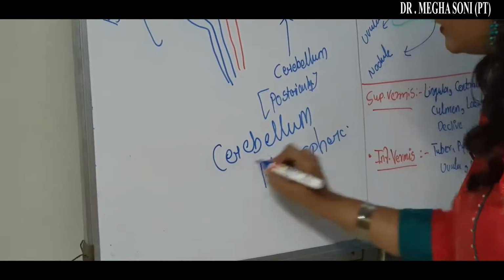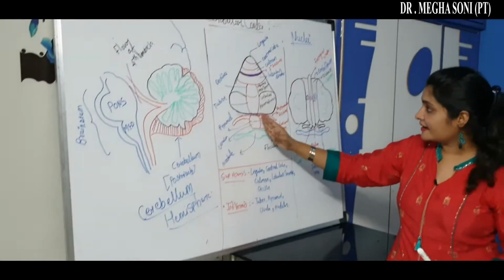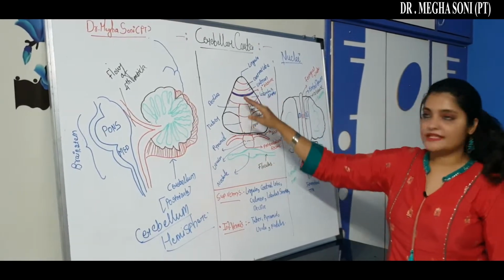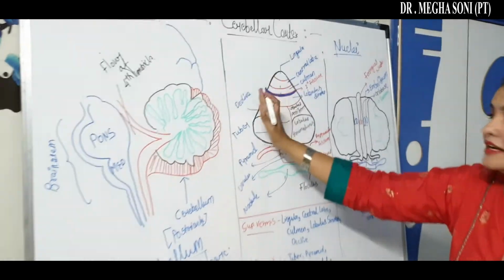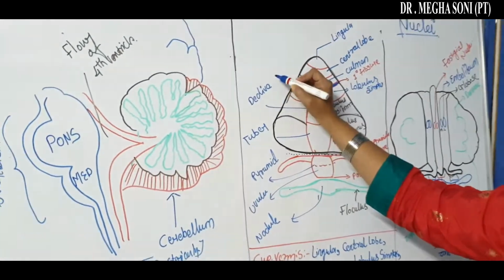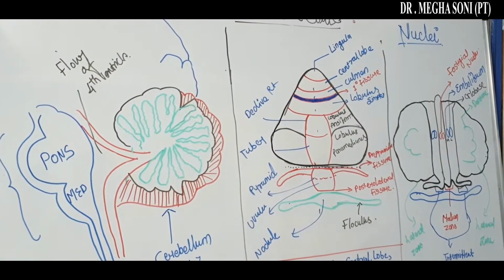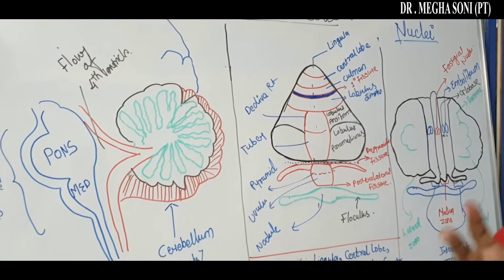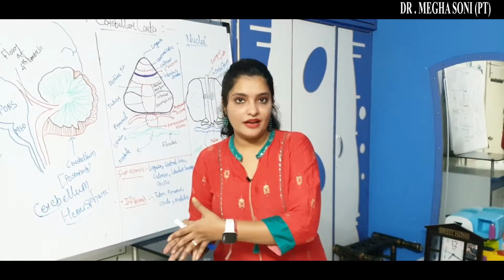Fine. Cerebellum hemisphere. So this cerebellum, you can see in this diagram, this is the structure of the cerebellum, and it has two divisions: the right side of the cerebellar hemisphere and the left side of the cerebellar hemisphere.